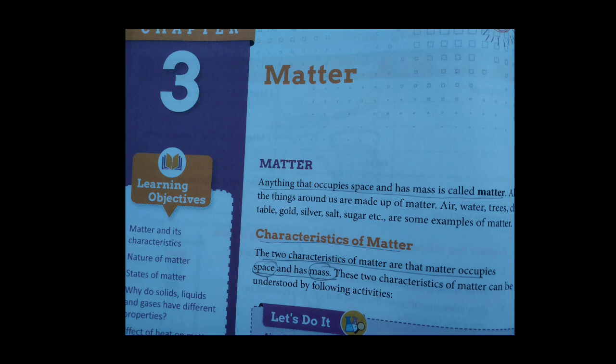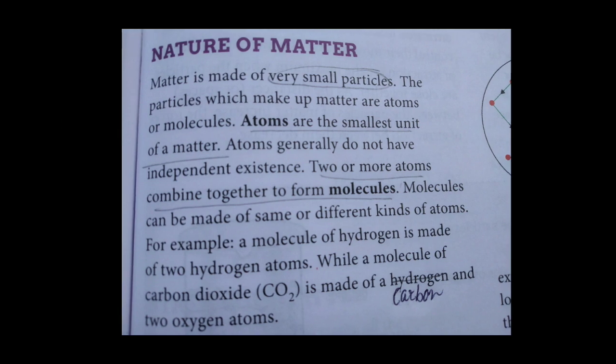Something will be said to be matter only when it has space and mass. Apart from my explanation, I have also underlined it. So I request you to see from the video and underline it. Okay, students? So let's move to the next topic.